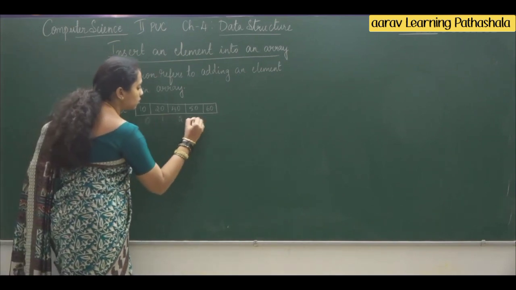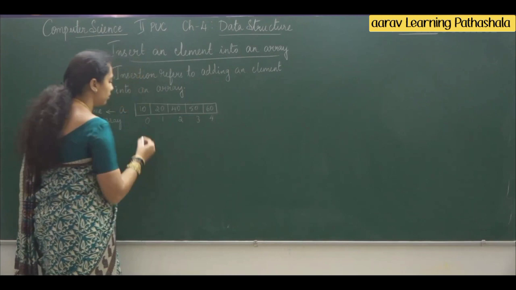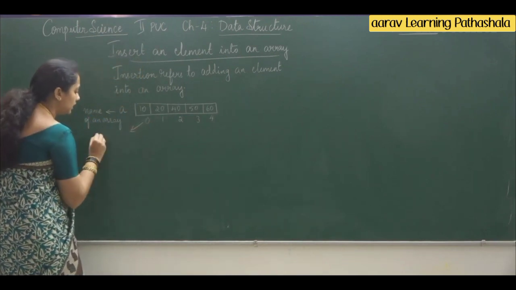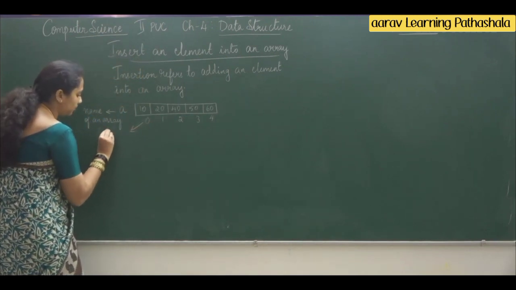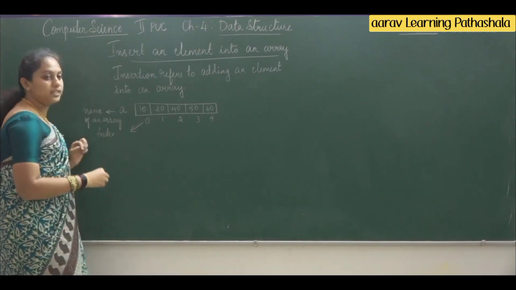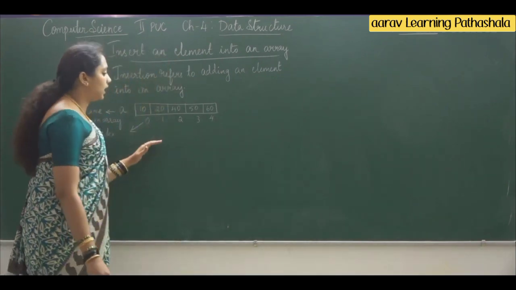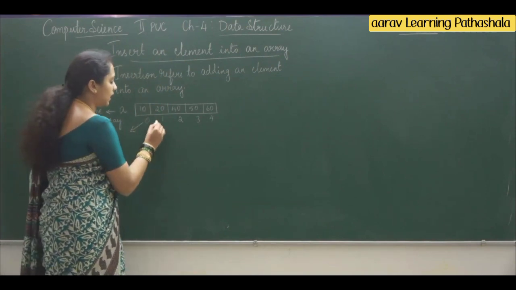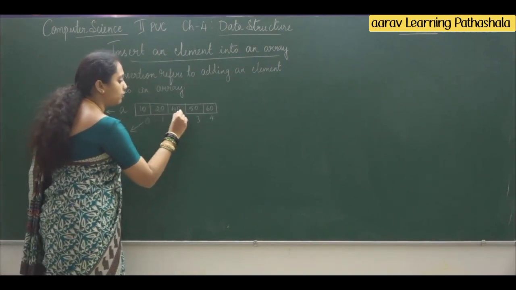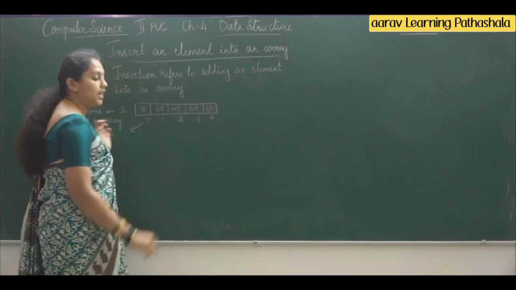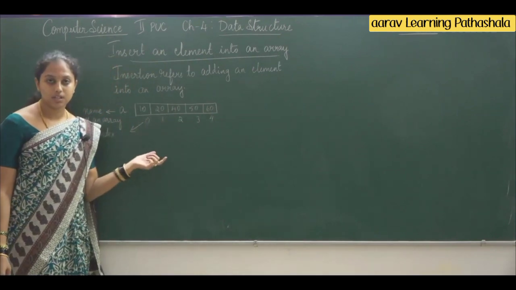Zero, 1, 2, 3, 4. So these are all the indices of an array, or we can call the index of an array. So in this array, the array contains 10, 20, 40, 50 and 60 as its elements.